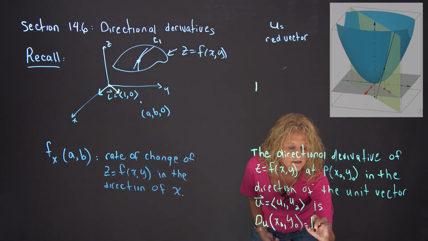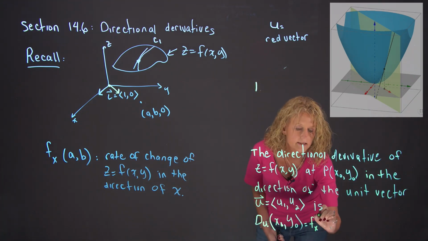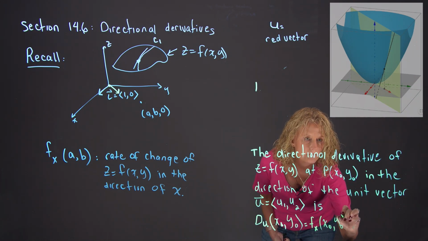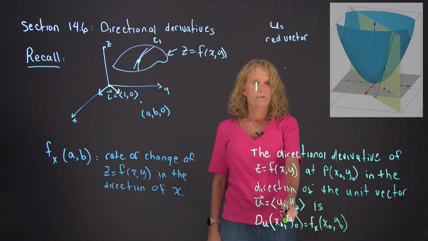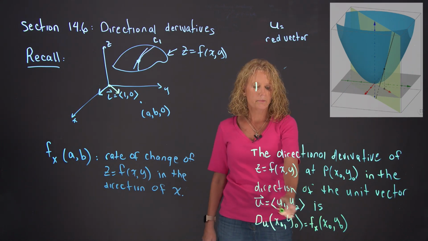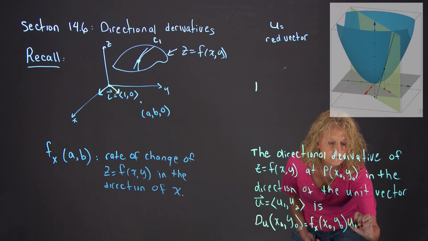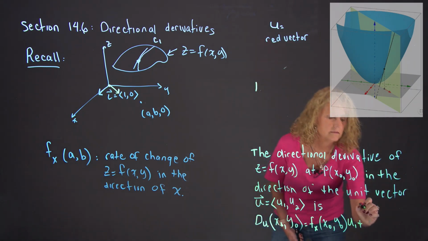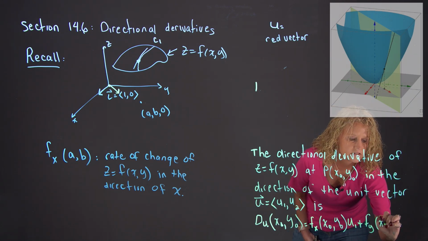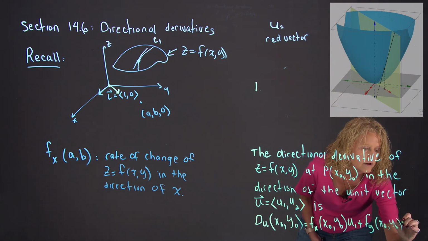So the way we calculate it is we take the partial derivative of f with respect to x, plug in the point P, which in this case is x naught, y naught, and multiply that by the x coordinate of the unit vector, which is u1, plus the partial derivative of f with respect to y at the point x naught, y naught, times the y coordinate of the unit vector.